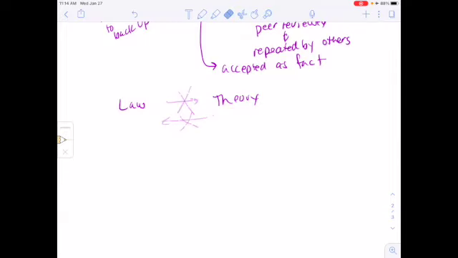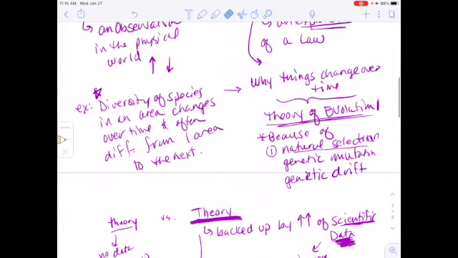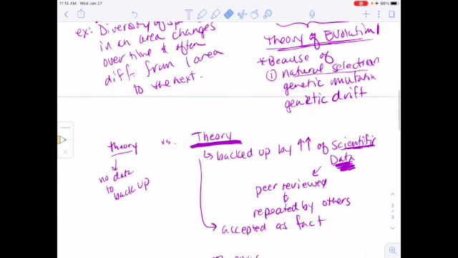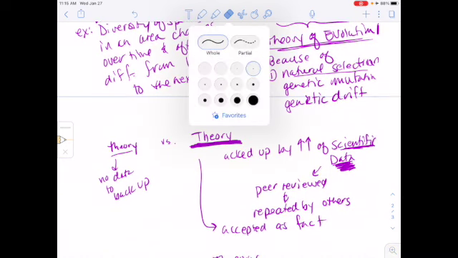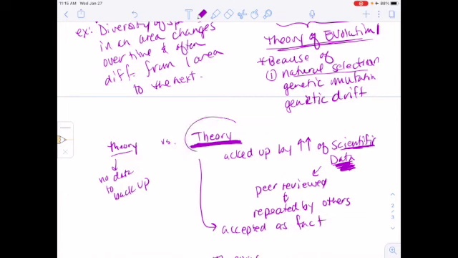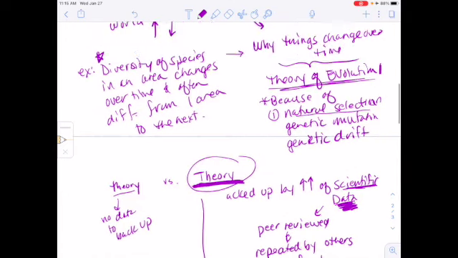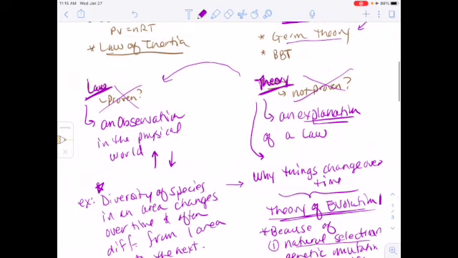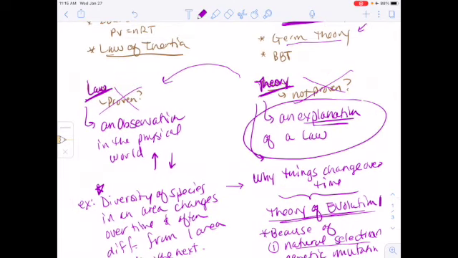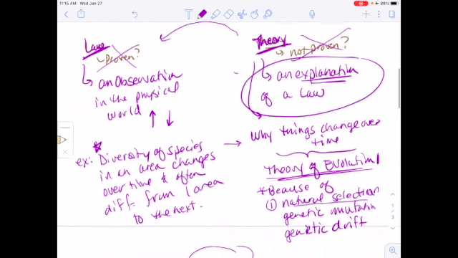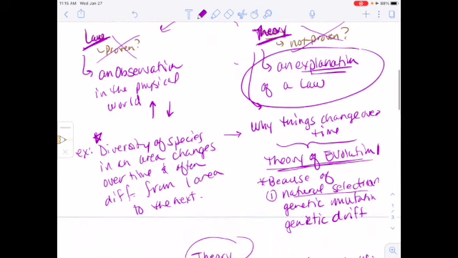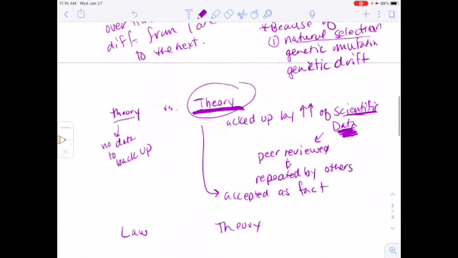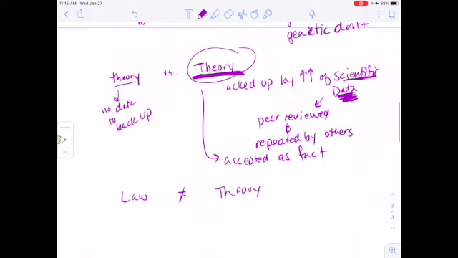They can't be, because the explanation of the observation can never become the observation. It's an explanation. They're two different things. It's like saying an apple becomes a table. They're two totally different things.